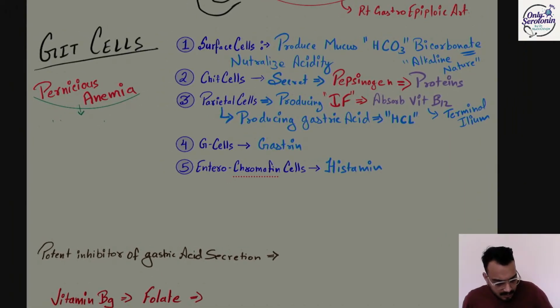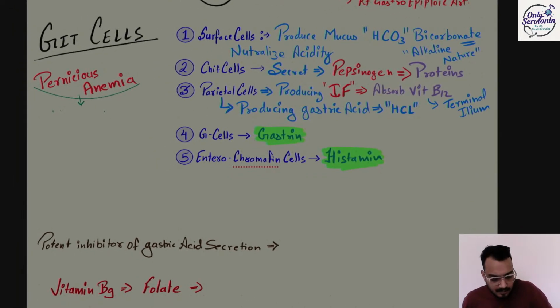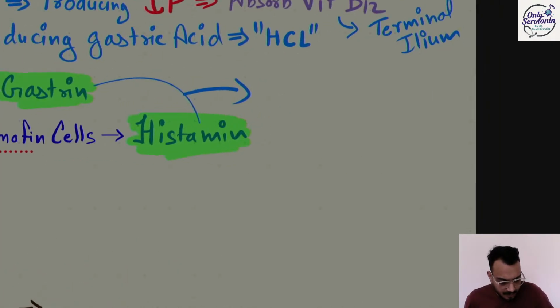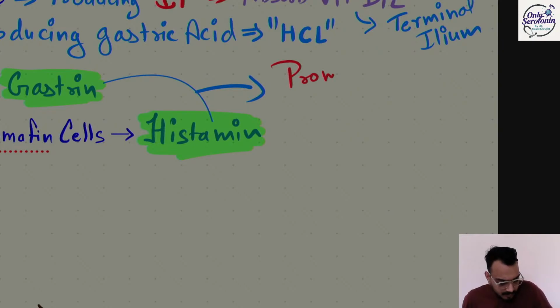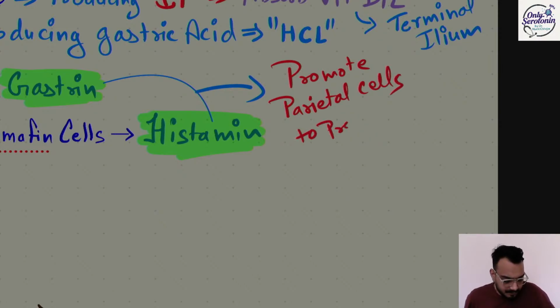What is important for you to know, guys, is about gastrin and histamine. My gastrin as well as my histamine, they both are going to promote my parietal cells to produce more hydrochloric acid.